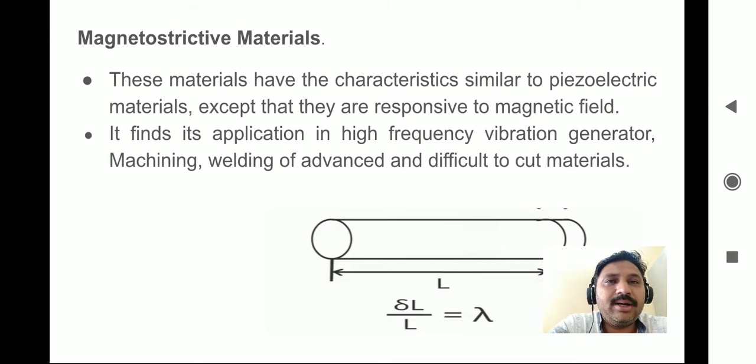That is the magnetostrictive material. Another detail is given, but we study it in a short manner: this material has characteristics similar to piezoelectric materials, except that it is responsive to a magnetic field. Piezoelectric materials are not responsive to a magnetic field.